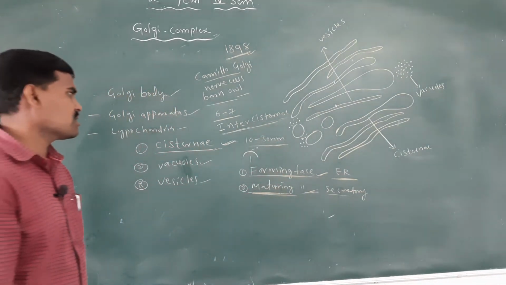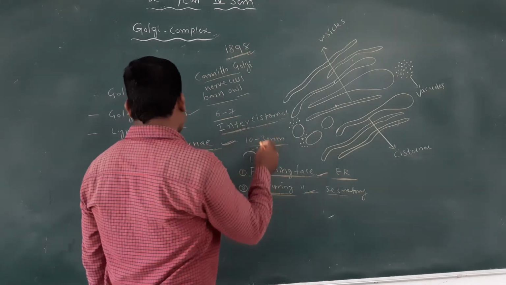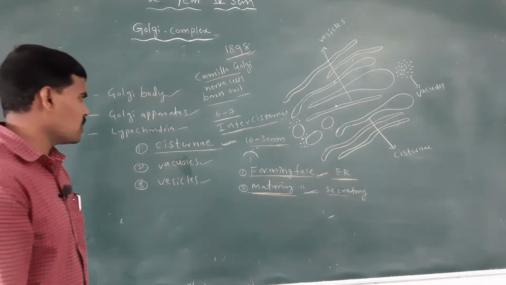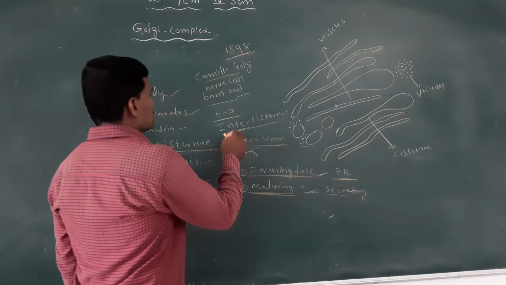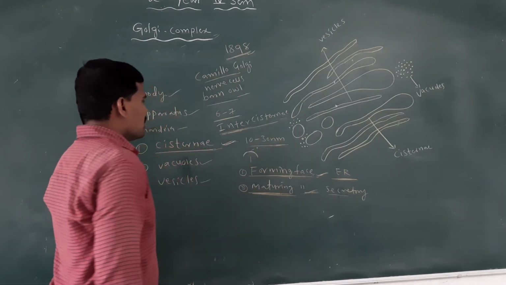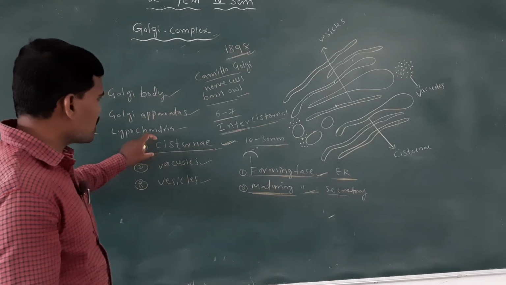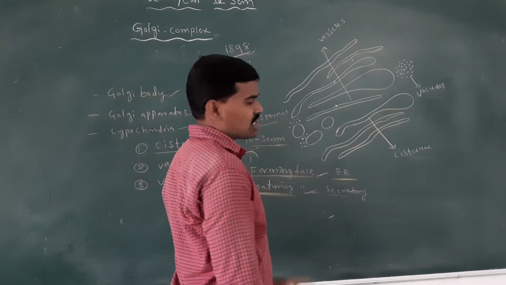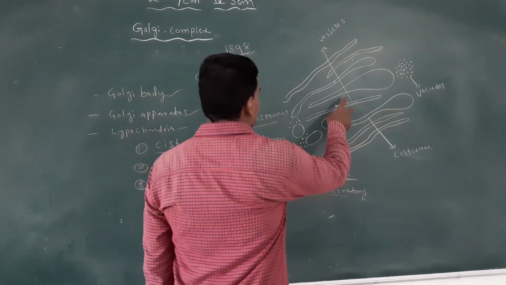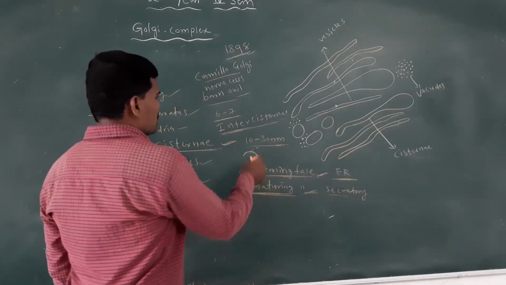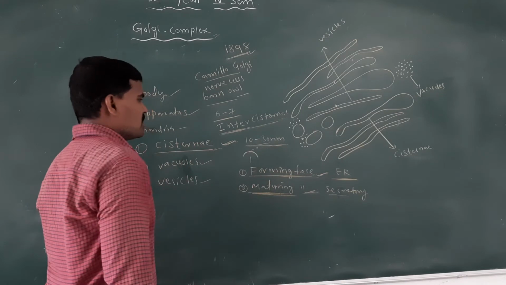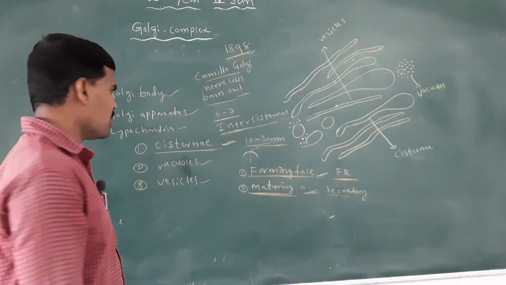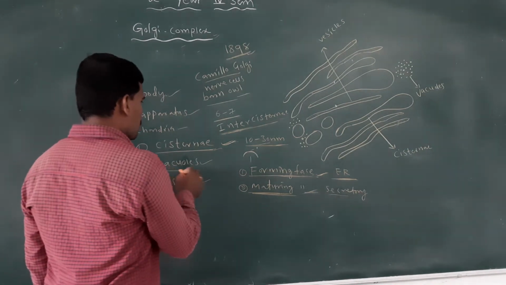The majority of eukaryotic cells have the Golgi complex. The space in between the two cisternae is called the intercisternal space. Each cisterna measures 10 to 30 nanometers. Clear?